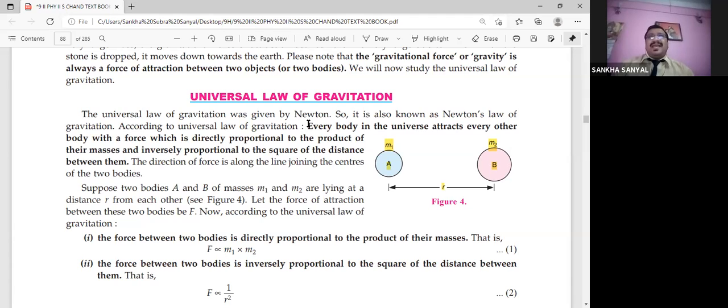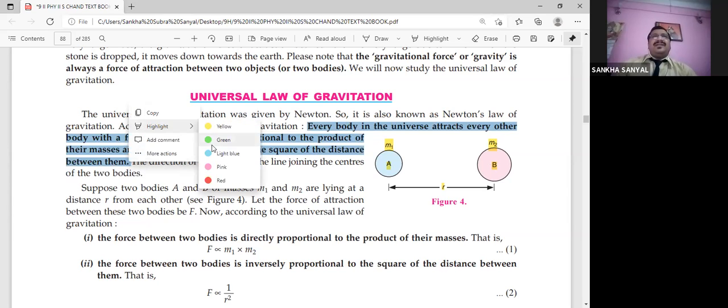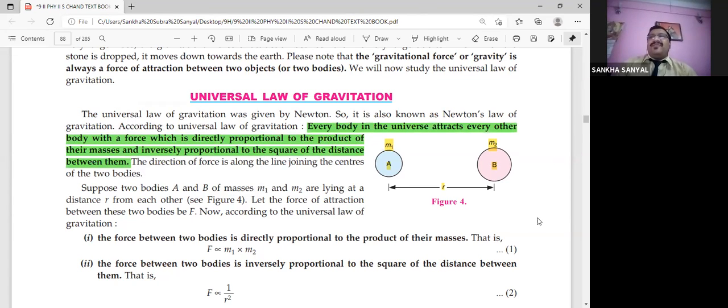Which masses? M1 and M2 in this case. So every body in this universe will be attracted towards every other body with a force which is directly proportional to the product of the masses and inversely proportional to the square of the distance between them.